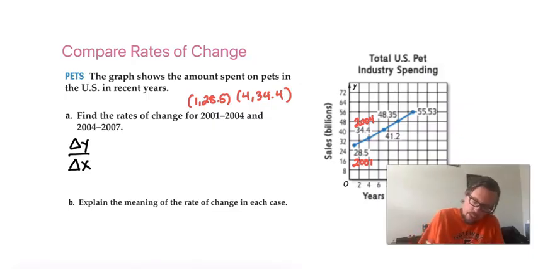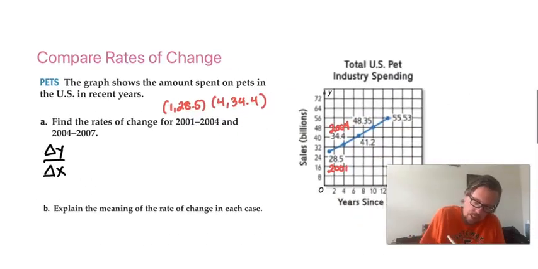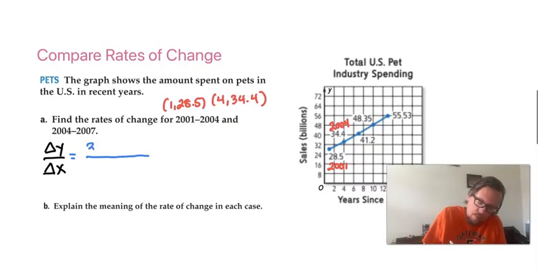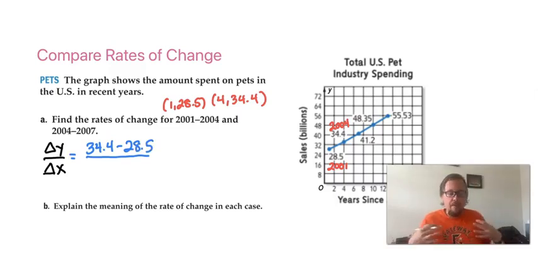Okay, so the change in y, we're going to take the 34.4, that's our second coordinate, and subtract the 28.5. That's going to tell us what it increased by from 2001 to 2004. And then the change in x is just the change in years from 1 to 4. So 4 minus 1.